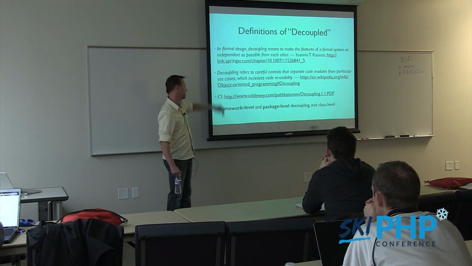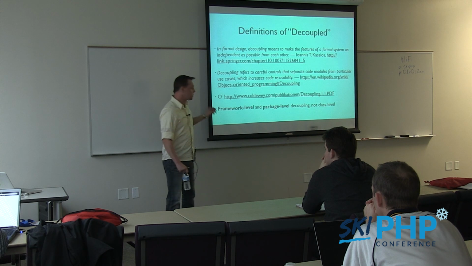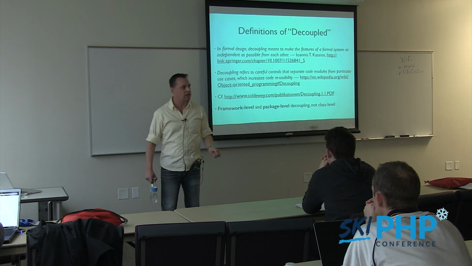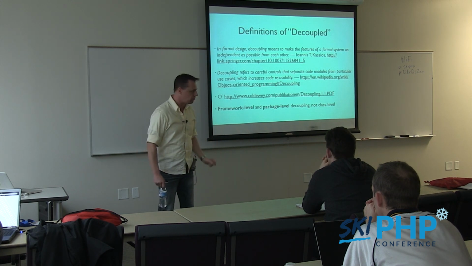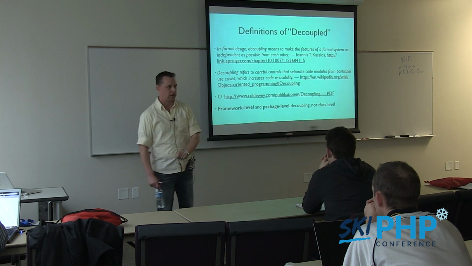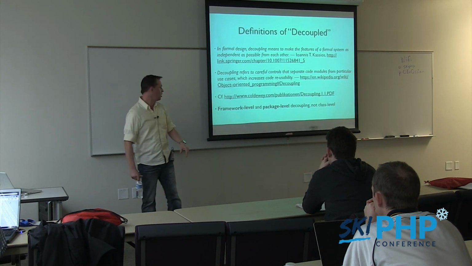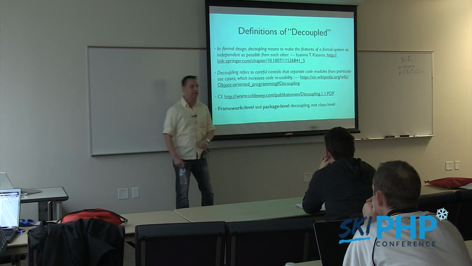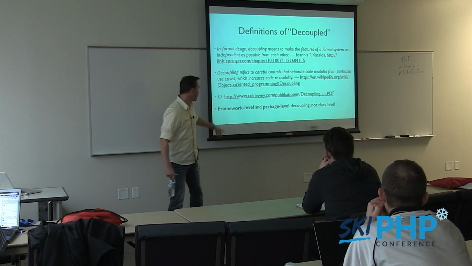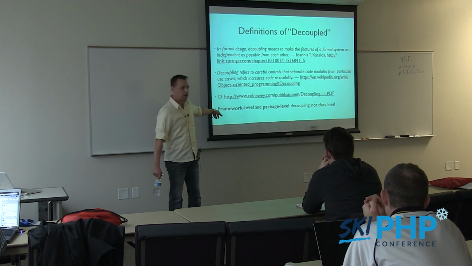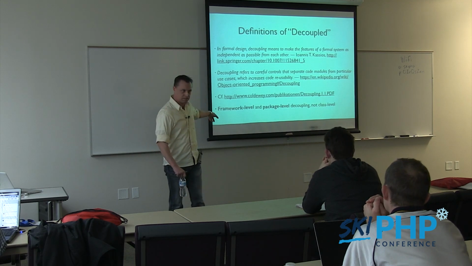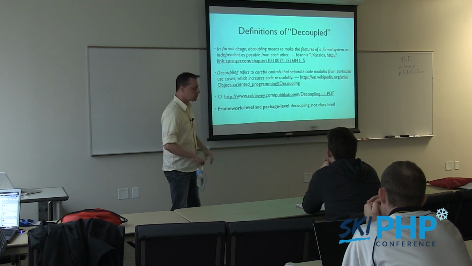These lead us to the principles I'm going to talk about later. Specifically, we're talking about framework-level decoupling and package-level decoupling, not class-level decoupling. So when we talk about decoupling in this talk, we want our packages to be independent of any other packages and independent of any combination of them. Does everyone get the thrust of what we're going for here?